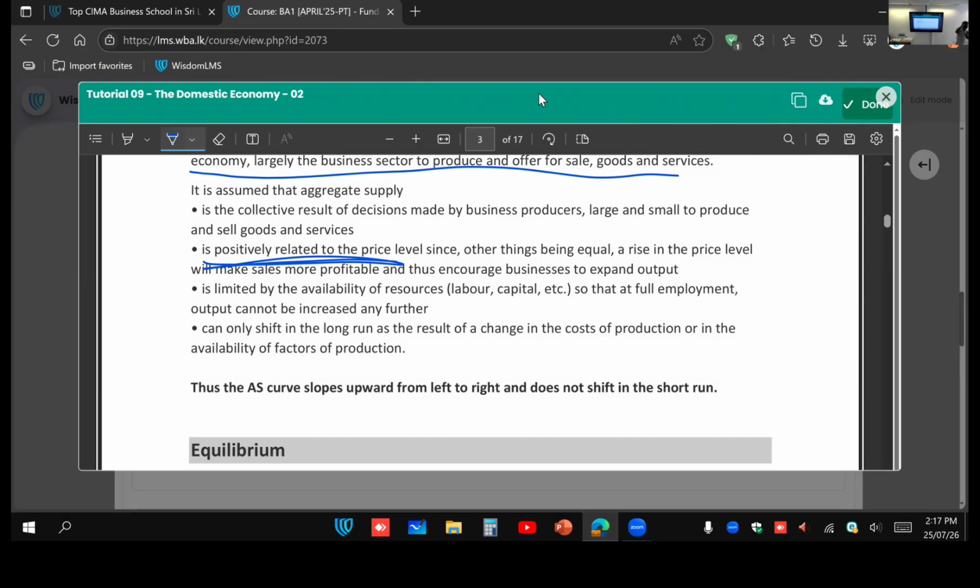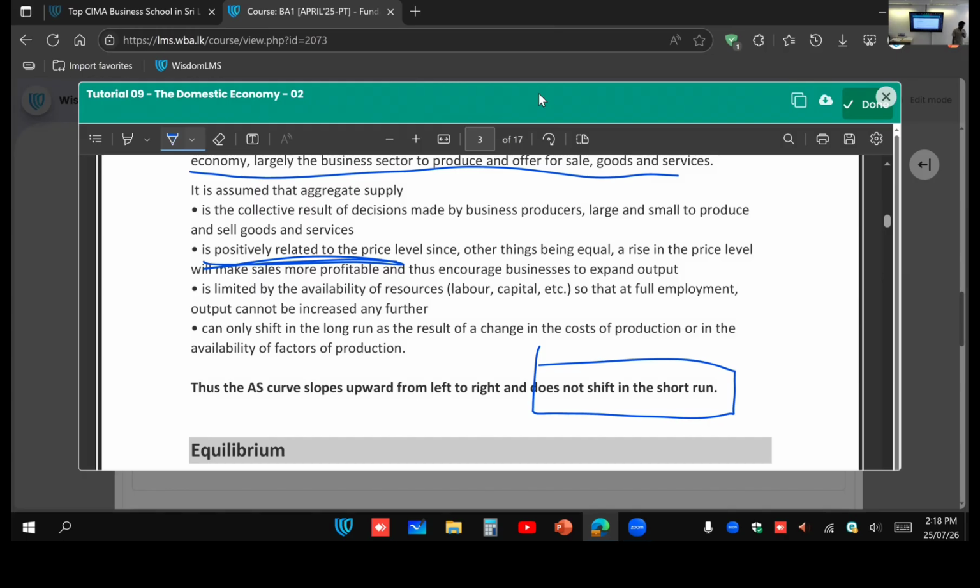Why is the aggregate supply curve different? Because it is limited by the availability of resources. It can only shift in the long run as a result of a change in cost of production or in the availability of factors of production. Thus, the aggregate supply curve slopes upward from left to right and does not shift in the short run. Important: does not shift in the short run.